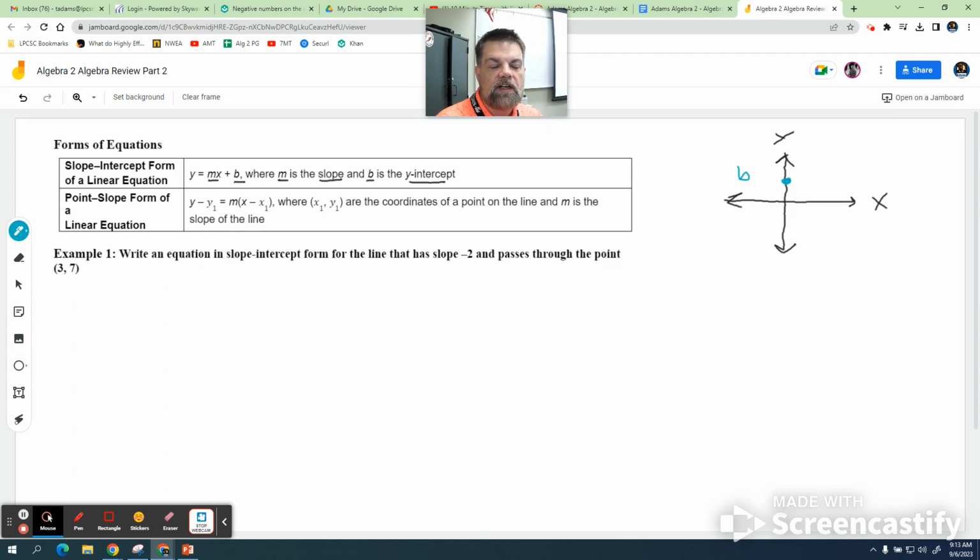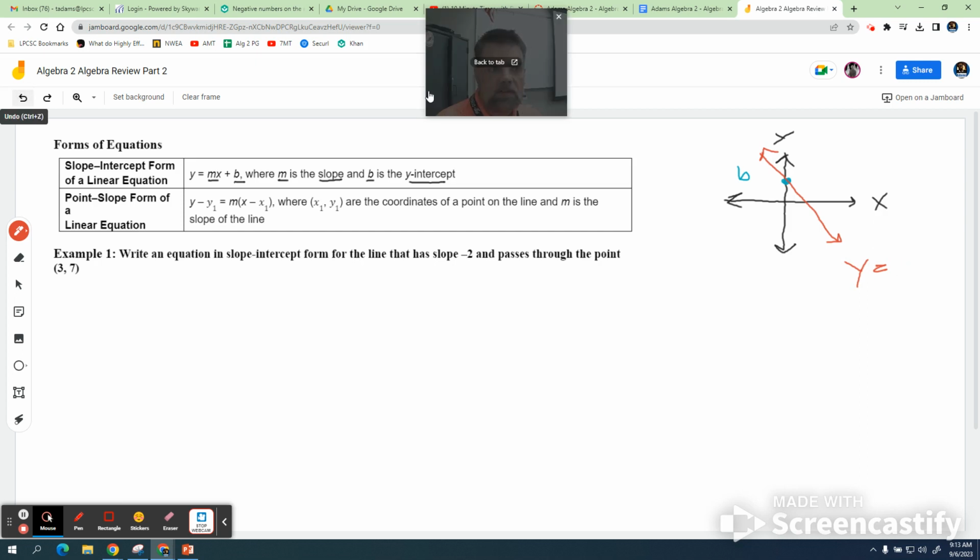That's why we call it the y-intercept. Now, if you have a line that goes through, this is our equation: y equals mx plus b.